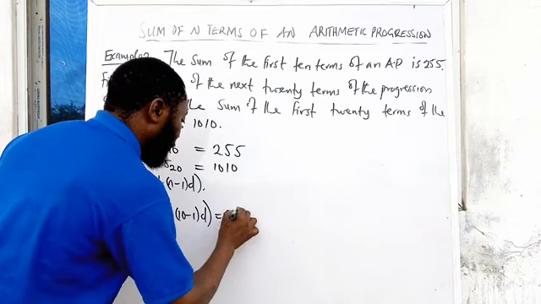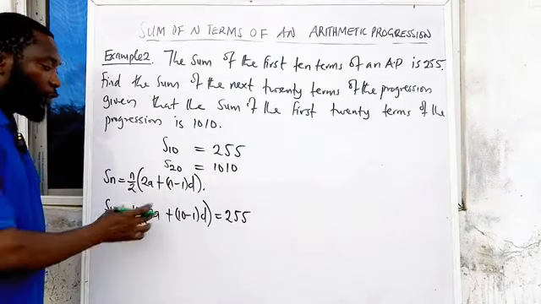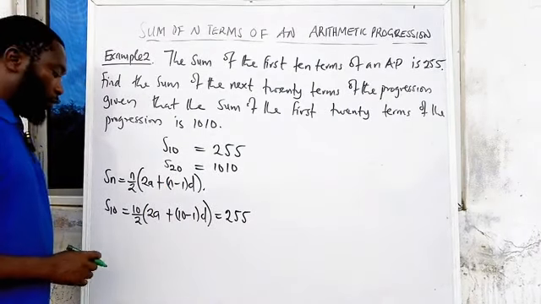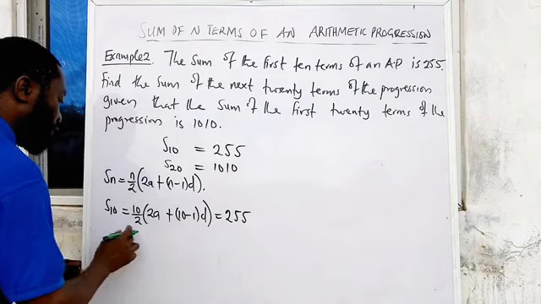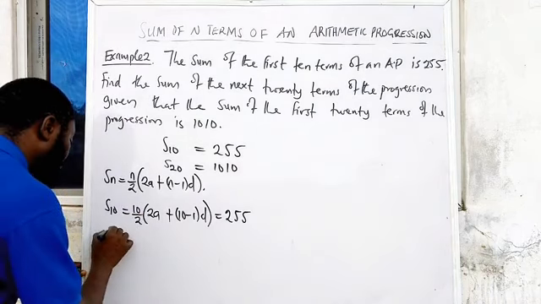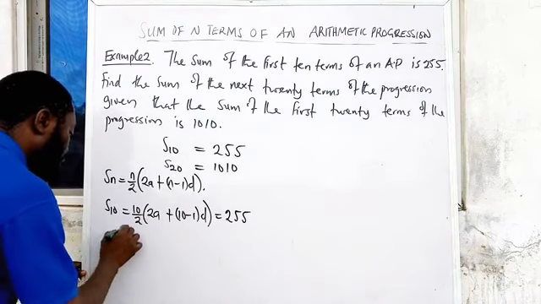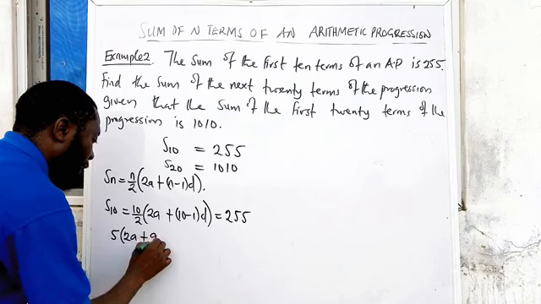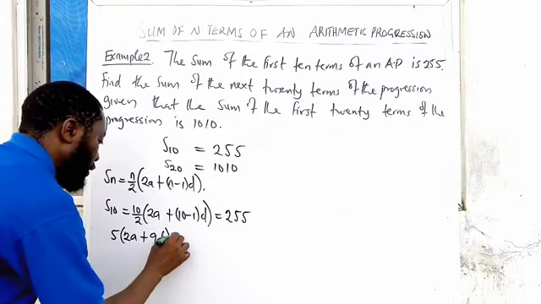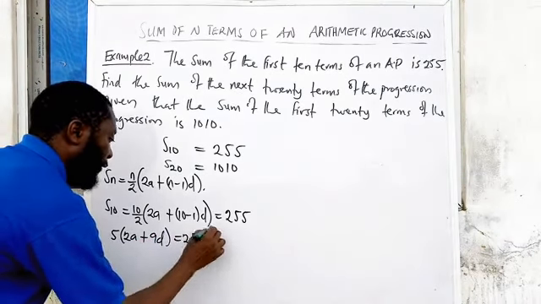So we do the same for this. Let's simplify this. So 2 goes in 10, that is just 5. Open bracket 2a plus 10 minus 1, that is 9d, equals 255.